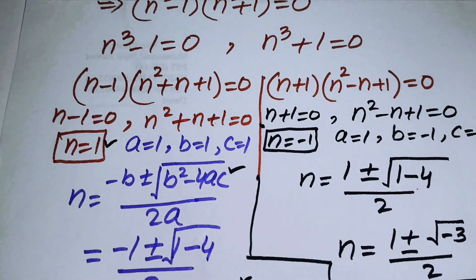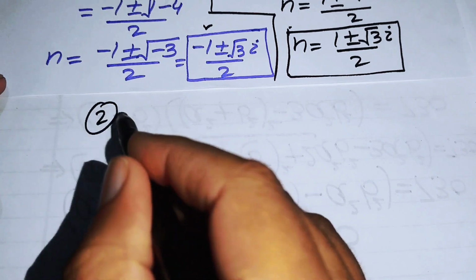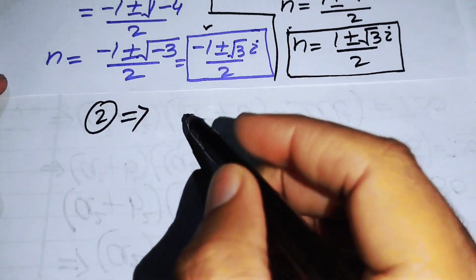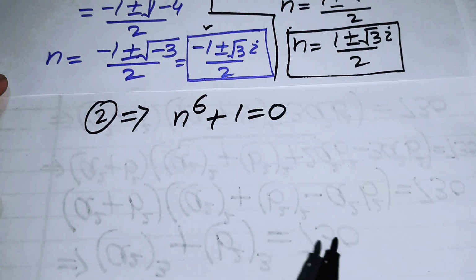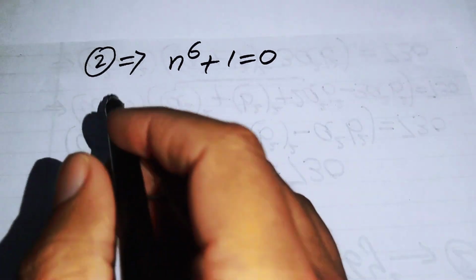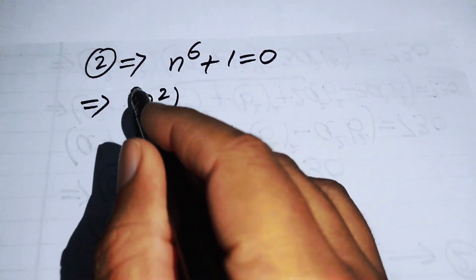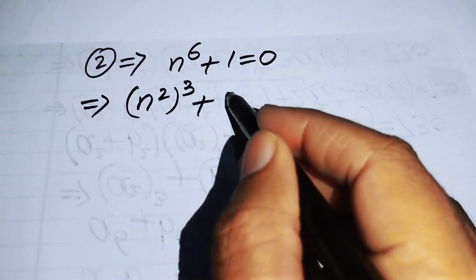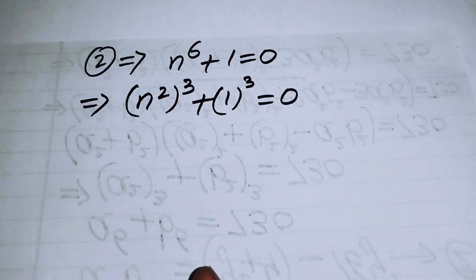So in the second case, first I can write our equation number 2. So our equation number 2 implies that n to the power of 6 plus 1 equals 0. So now we will rearrange this equation as n squared, whole cubed, plus we write this 1 as 1 cubed, whole equals 0.